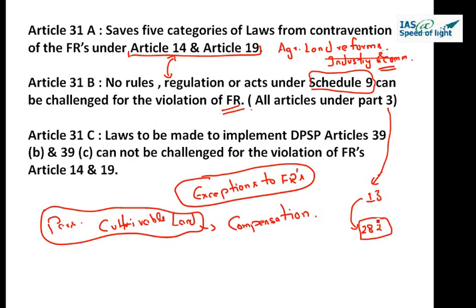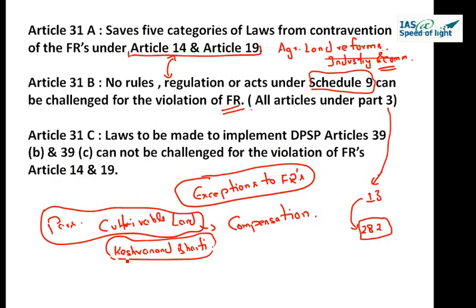So what it is saying is such laws which will be implemented cannot be challenged in the court. And this particular provision was declared unconstitutional by the court in the Keshavananda Bharti case, because the court said judicial review is a part of the basic structure of the Constitution and it cannot be done away with.